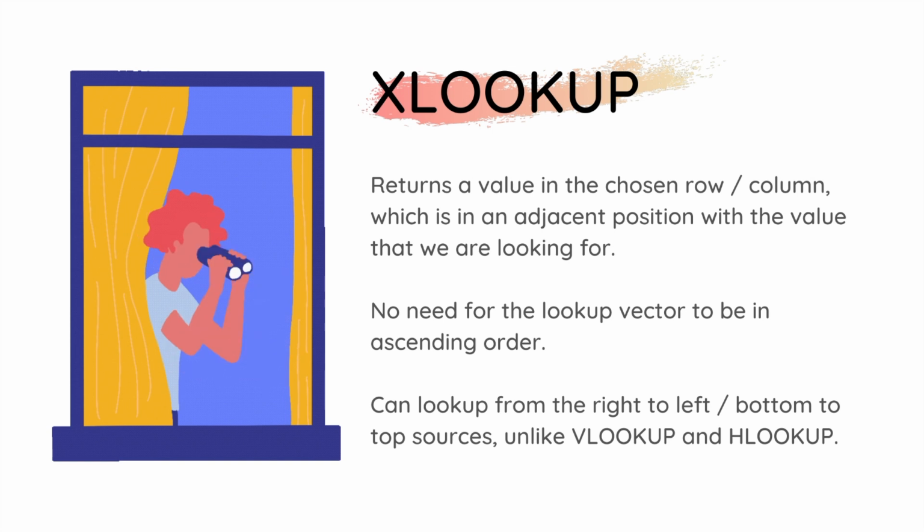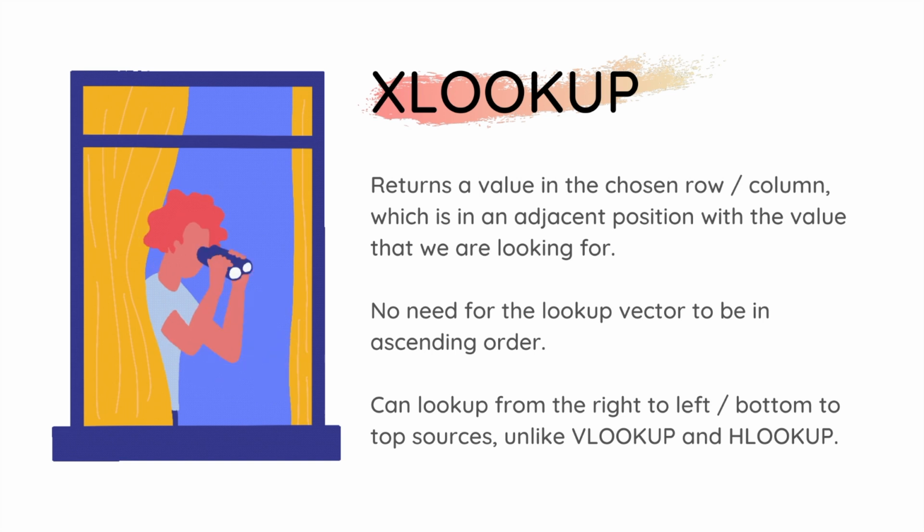For the last function, I'll be discussing Xlookup. How I define Xlookup is that it returns a value in the chosen row or column, which is in an adjacent position to the value that we are looking for. Unlike the Lookup function, the lookup vector in Xlookup doesn't need to be in ascending order.